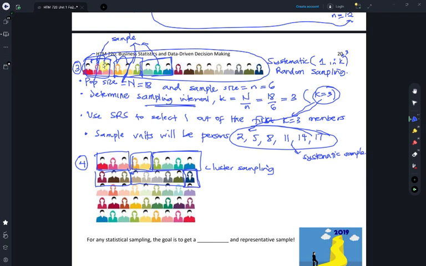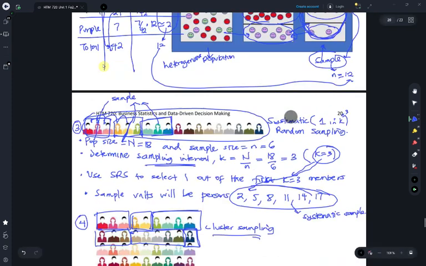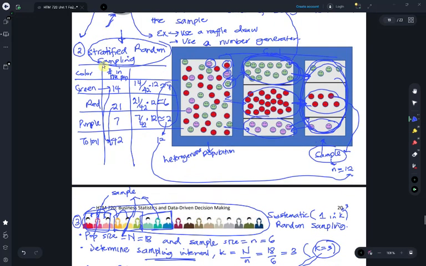In this way, cluster sampling differs from stratified sampling. In stratified sampling, the division of the population is based on some stratified variable that ensures that in each stratum or in each layer, sublayer, the units are very homogeneous in nature or very similar in characteristics.